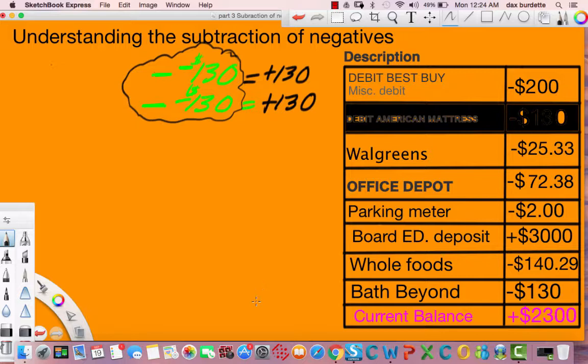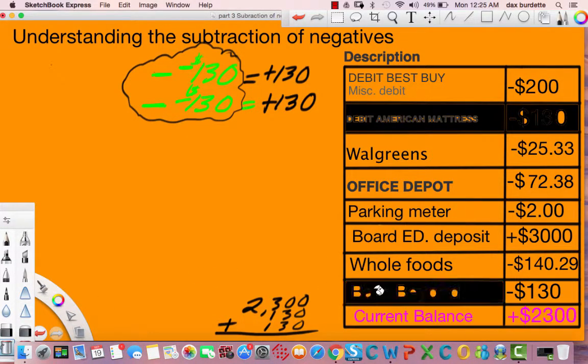Well, if I had $2,300, they had to add back $130 and had to add back another $130 to my account, because I shouldn't have the same current balance if these transactions were taken off. And let me show that I took the other one off. Let me take that bad fella off. Get off of there.